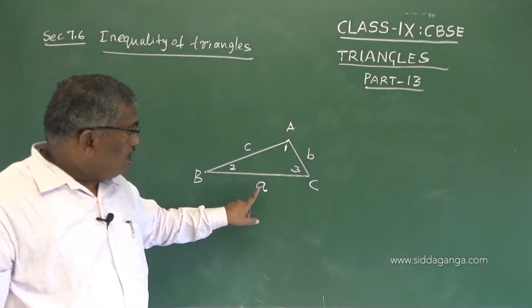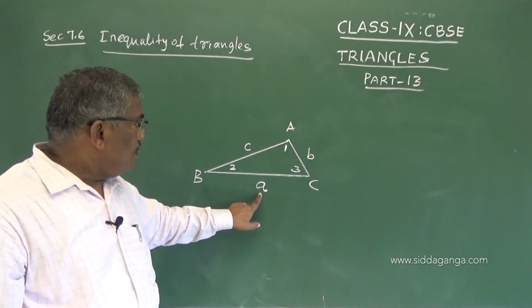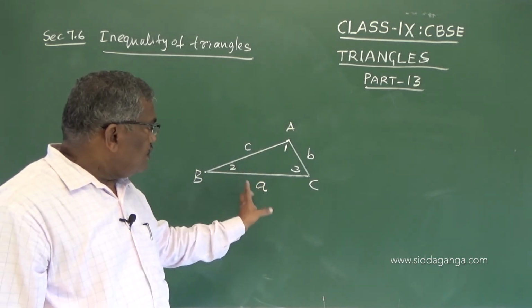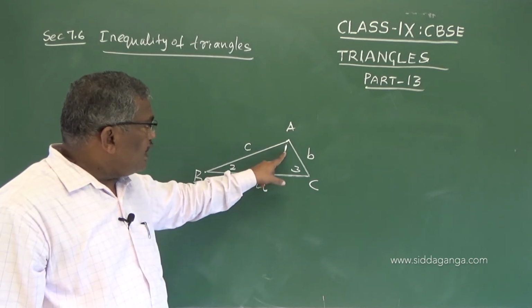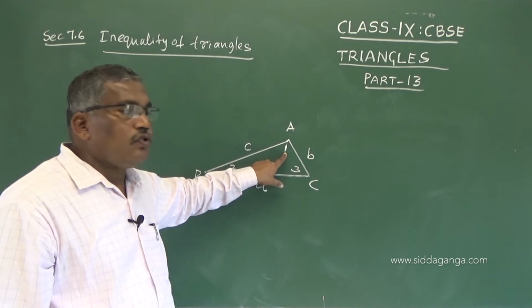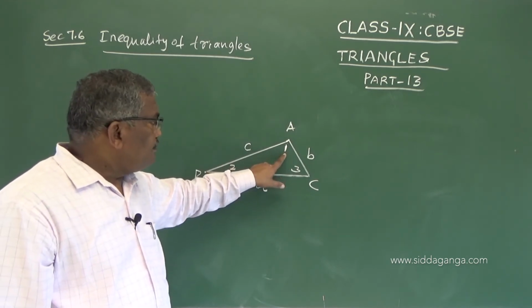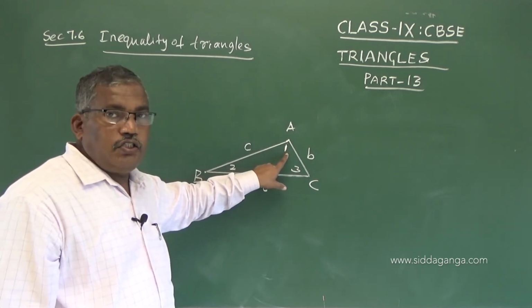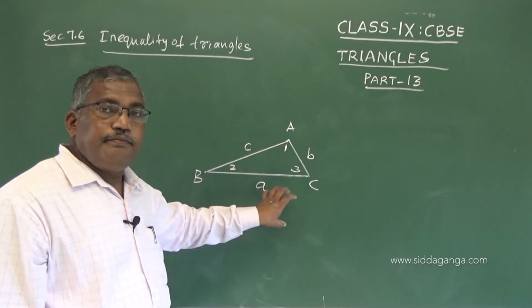Since A is the largest side, the angle opposite to A is angle 1, which you can also call angle A. So angle 1 is the largest in this triangle.